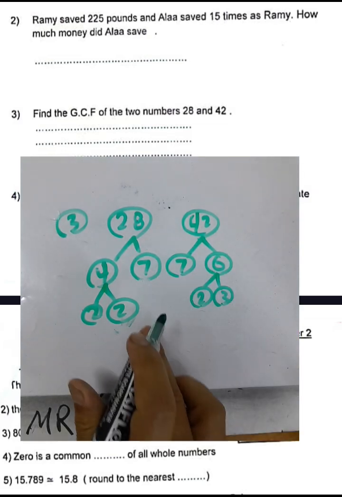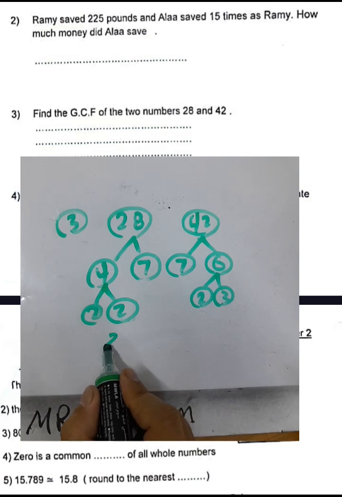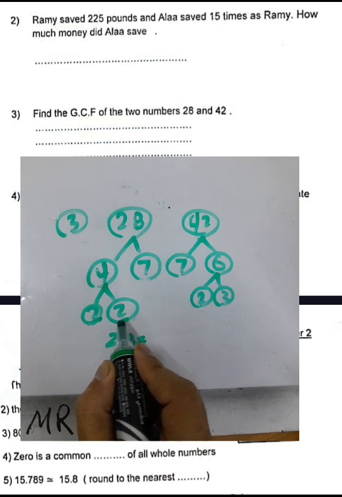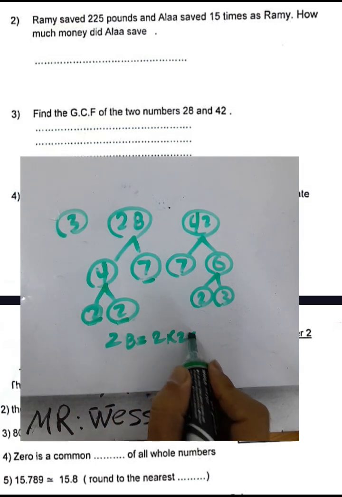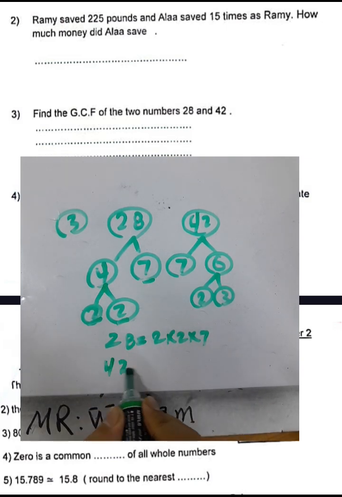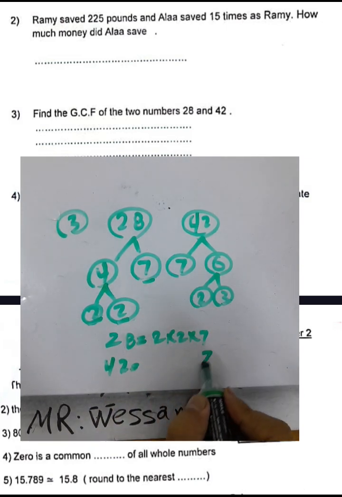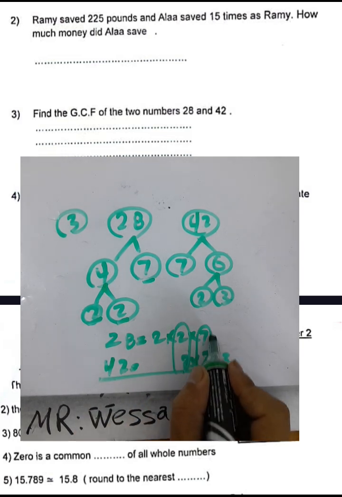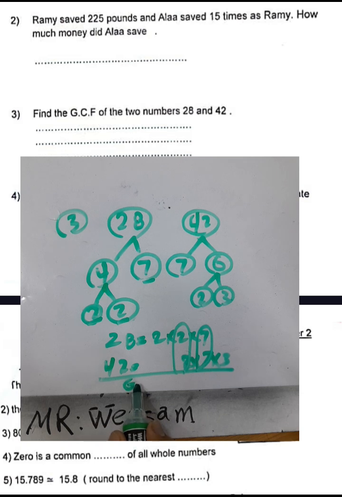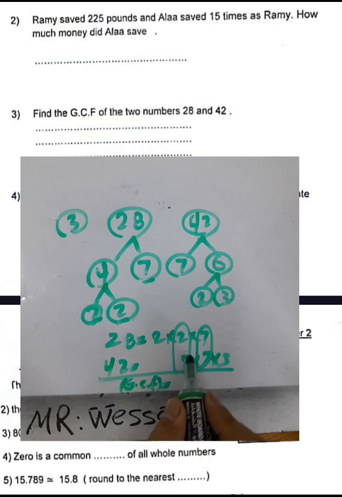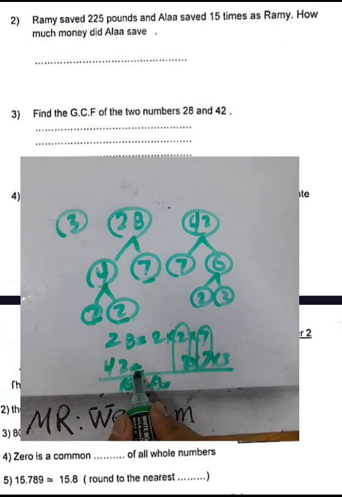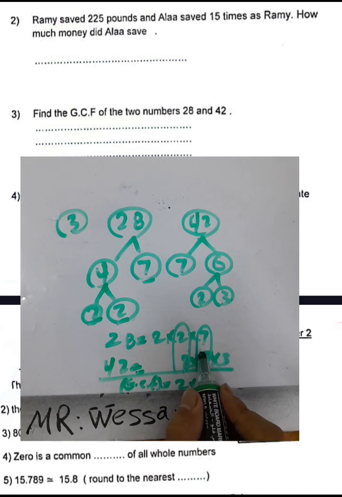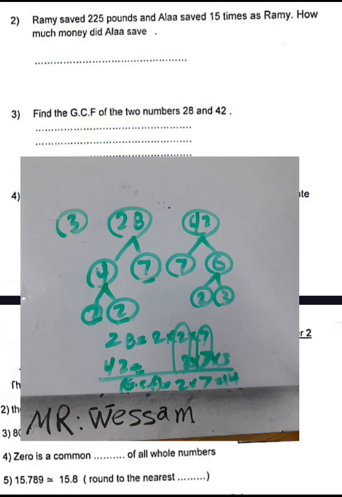Then we can write 28 equal 2 times 2 times 7, and 42 equals 7 times 2 times 3. And then drawing the circle to the common, write the greatest common factor between them. Write from this circle 2, and this circle 7. 2 times 7 equal 14. Then the greatest common factor will be 14. Okay.